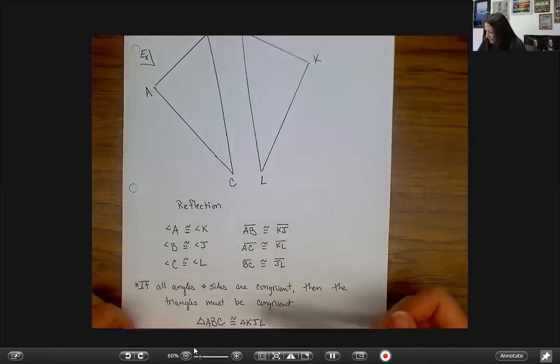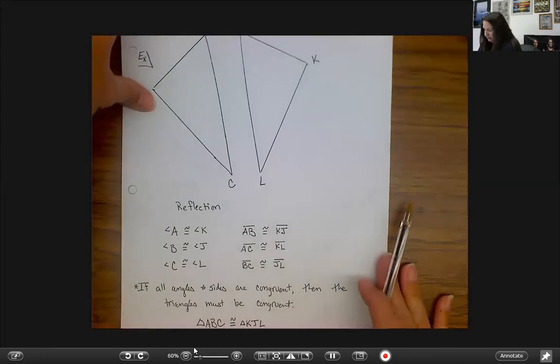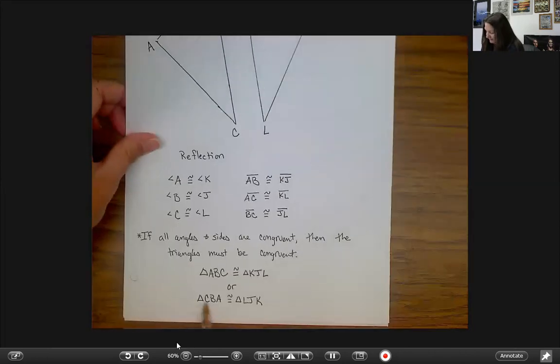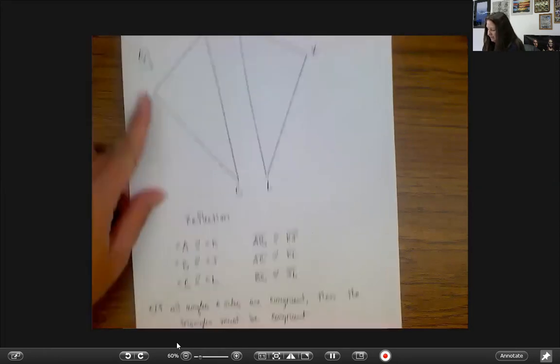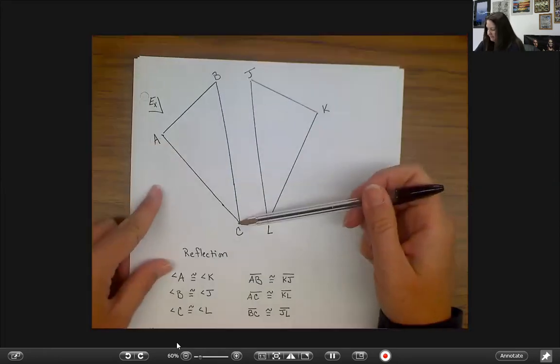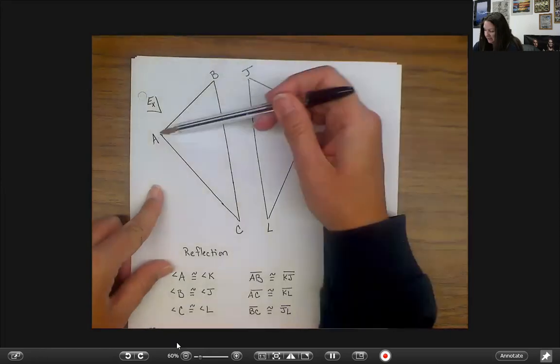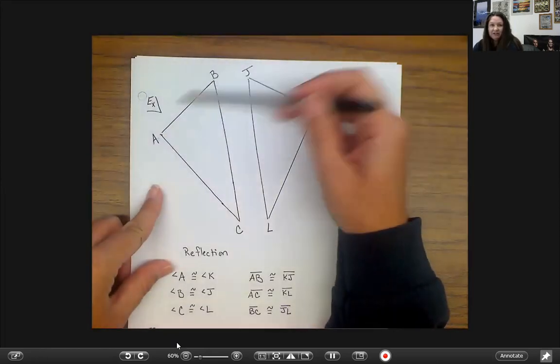Now, this is not the only way to state that the 2 triangles are congruent. I could have said that my first triangle was triangle C to B to A, right? I could have started here. I could have gone from C to B to A to create that triangle.